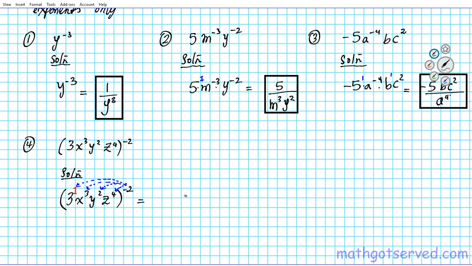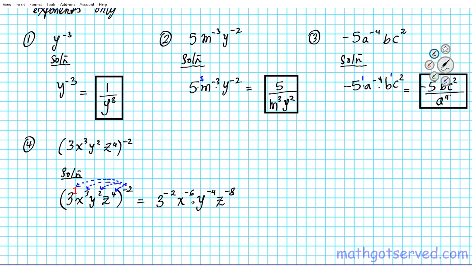So when we distribute that out, we're going to now have 3 raised to the negative 2, x raised to the negative 2 times 3, which is negative 6, y raised to the negative 2 times 2, which is negative 4, and then z raised to the 4 times negative 2, which is negative 8.